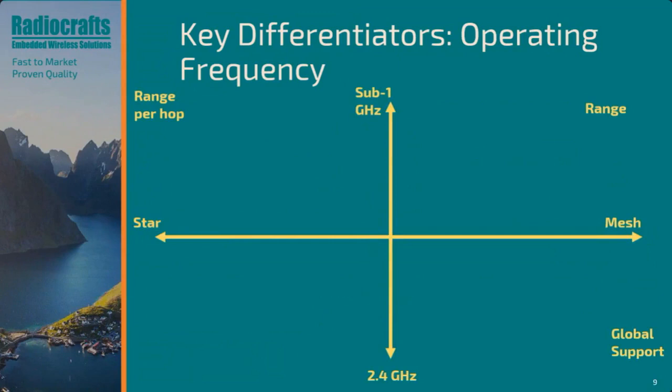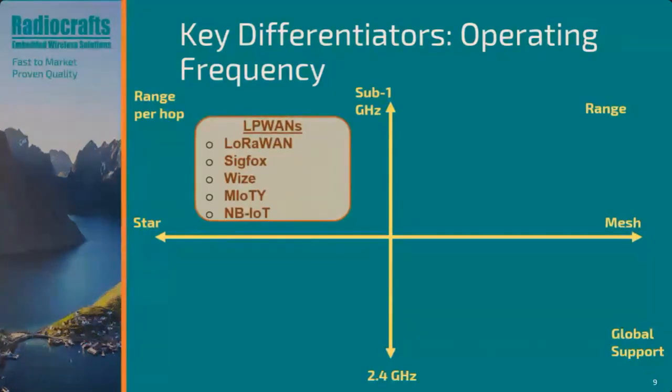Okay, so what does that mean? It means that if you go sub-1 gigahertz and star technologies, you have the low power wide area networks, also known as LPWANs. And these have the advantage of the increased range per hop, since it's star and it's sub-1 gigahertz.